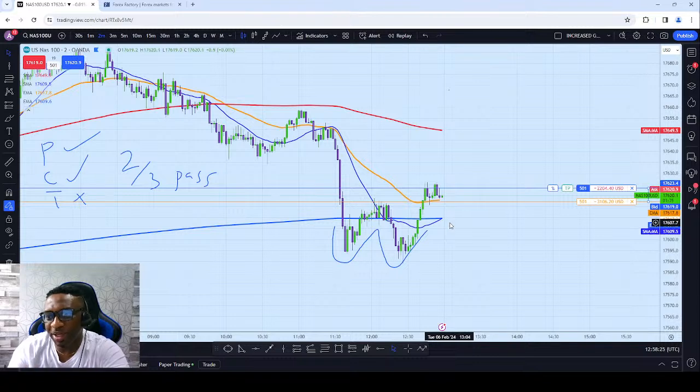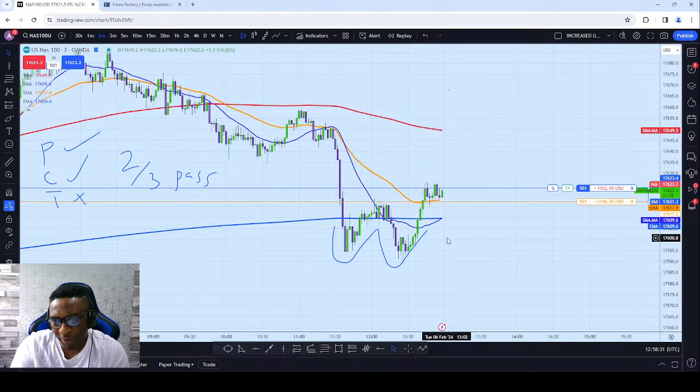Then also you have to take your money management seriously, and don't overdo your accounts. Don't put large position size in relation to your account size. You have to know the exact size you have to use.